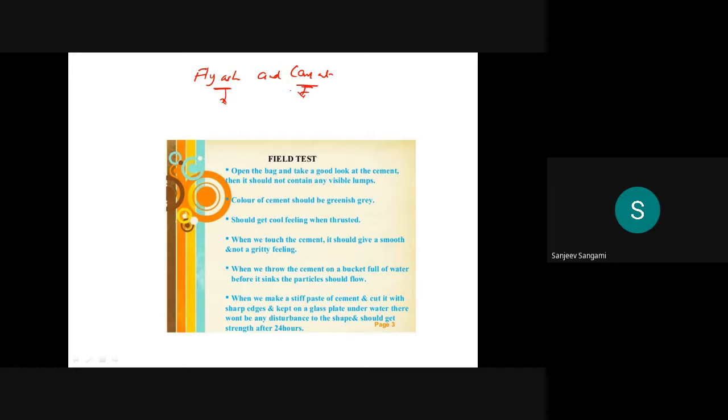When you do the laboratory test only you'll come to know, but initially when it is there in the field, how exactly you have to test it or analyze whether it is cement, whether it is some other material, whether it is mixed.